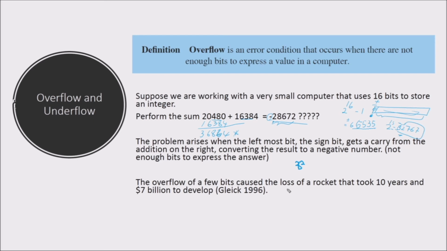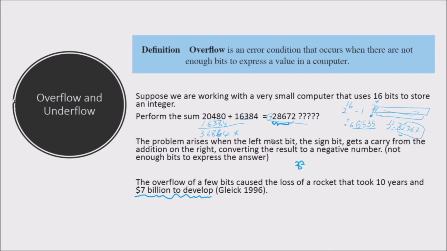What happens if you have 8-bit circuits and a program written for 32-bit or 16-bit? Obviously these kinds of problems come in, because there is no way to check these things. It's hardware calculation, and the register storing it holds nothing but zeros and ones. So the calculation started going wrong, and 7 billion and the 10 years were gone because of this. This is an overflow issue.